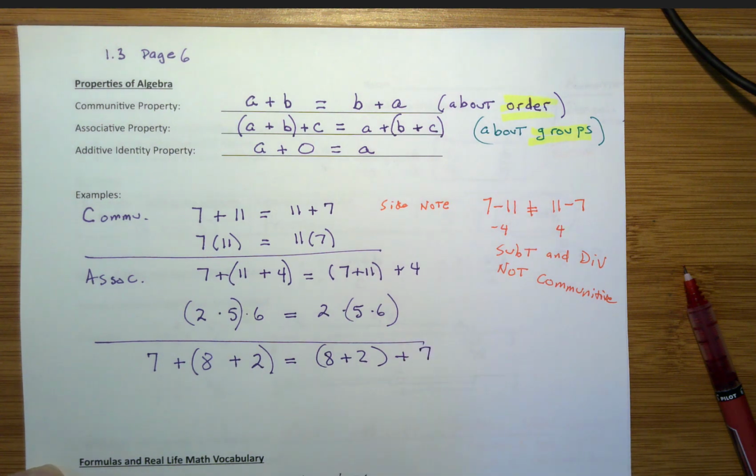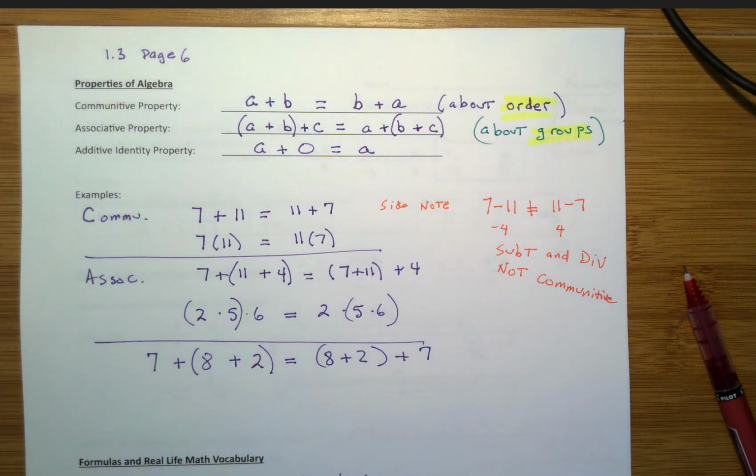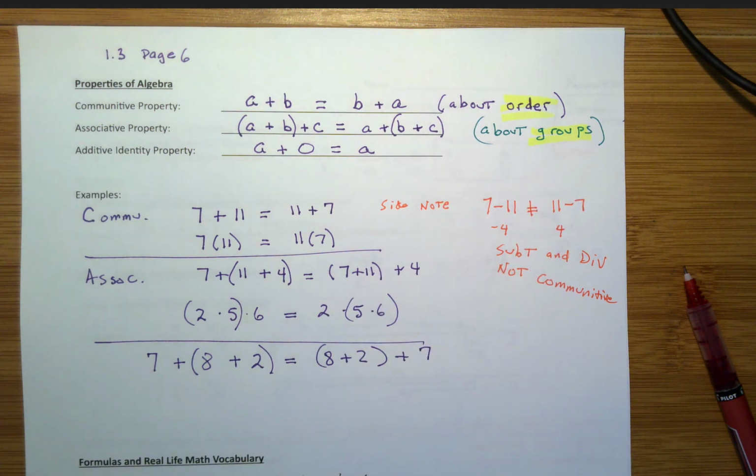Okay, this one's tricky, and I want you to think about which law I used. Am I using the commutative law that says I changed the order? Or am I using the associative law, which means I changed groups?